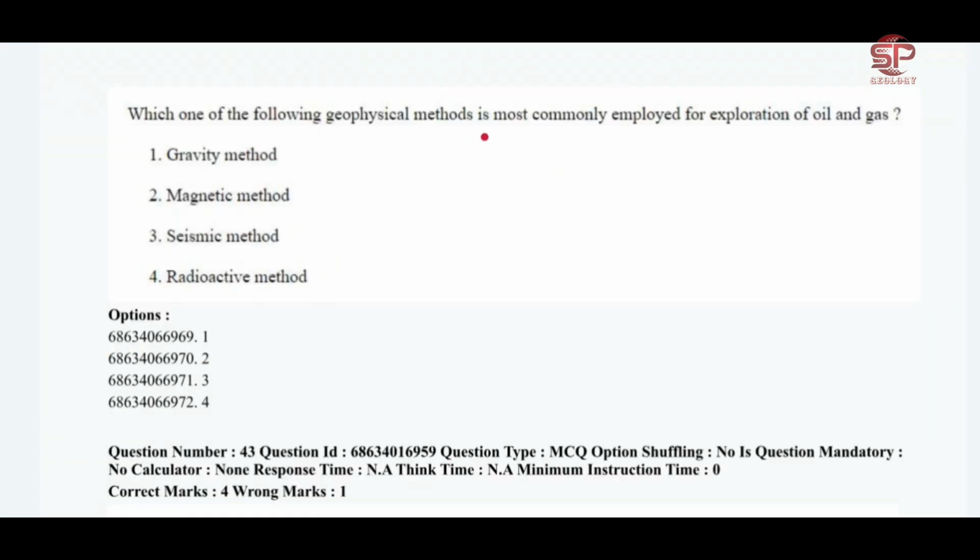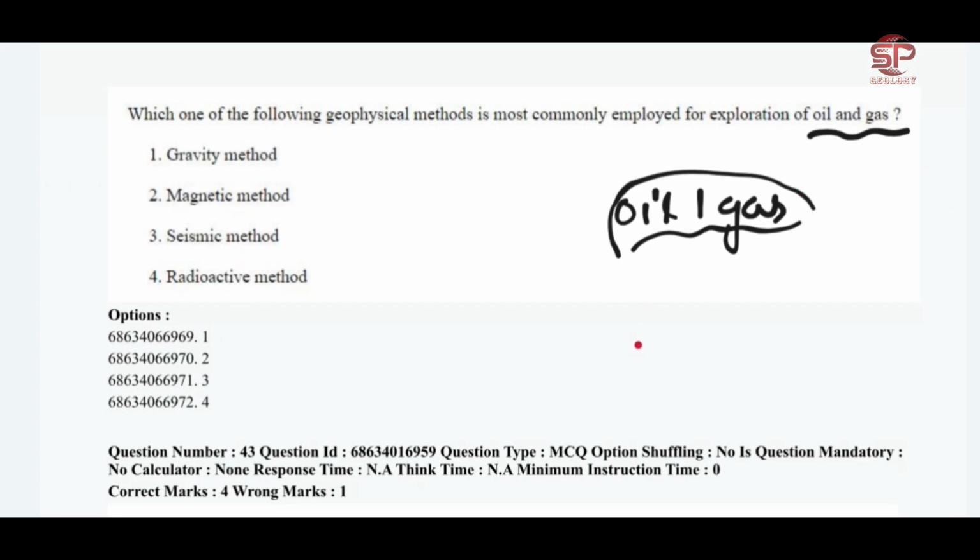Which of the following geophysical methods is most commonly employed for oil and gas? During exploration of oil and gas we have to evaluate the porosity, because oil and gas accumulate within the pore spaces of rock. So we have to calculate porosity.